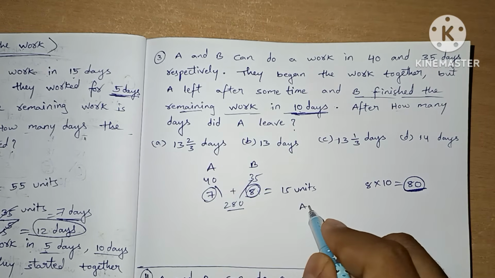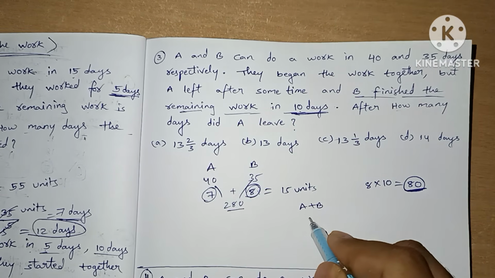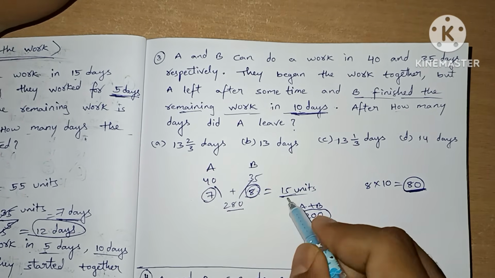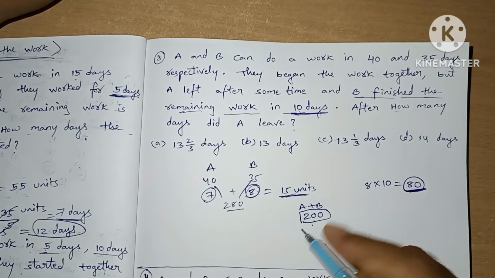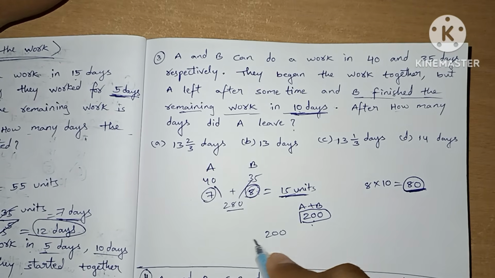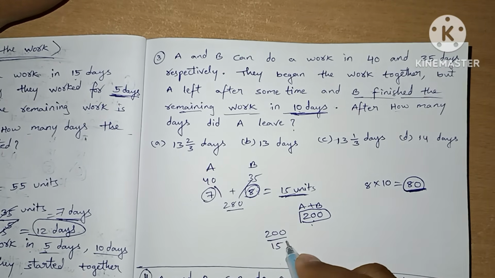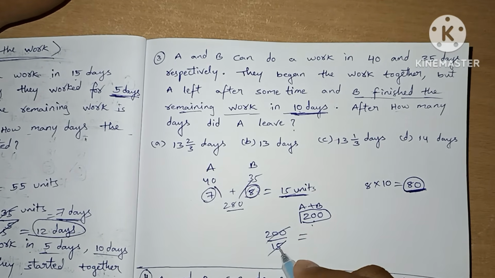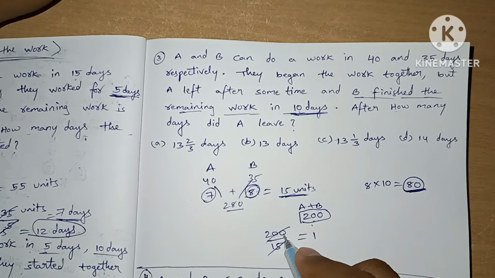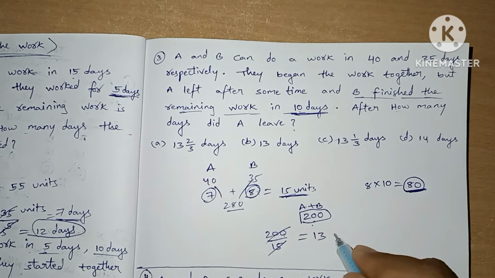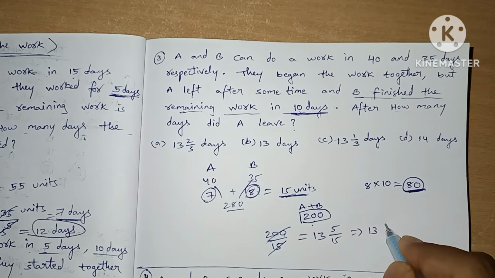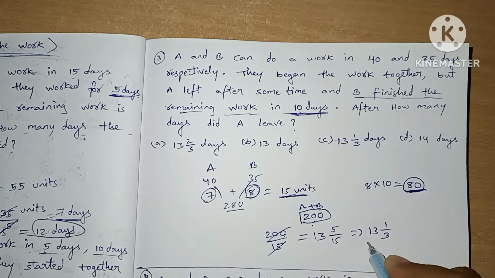Means A and B together completed 200 units. So per day A and B together can do 15 units, means 200 units completed by A and B together at 15 units per day. 15 times 1 is 15, we get 50. 15 times 3 is 45, 5 by 15, which means 13 1/3 days.